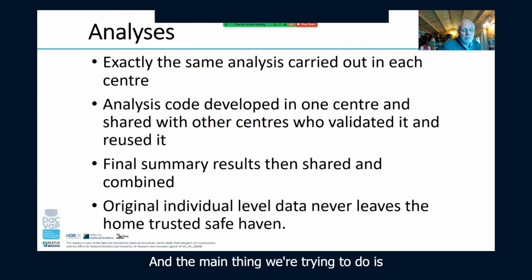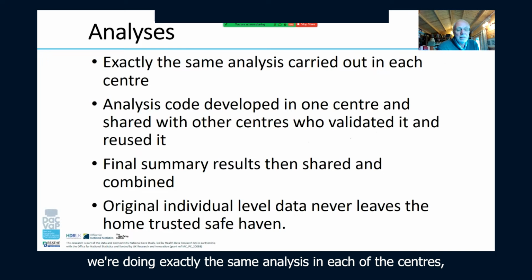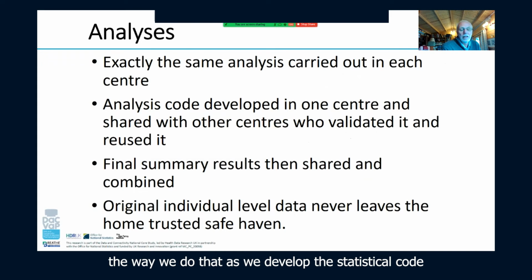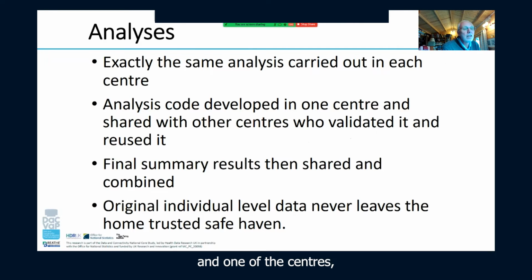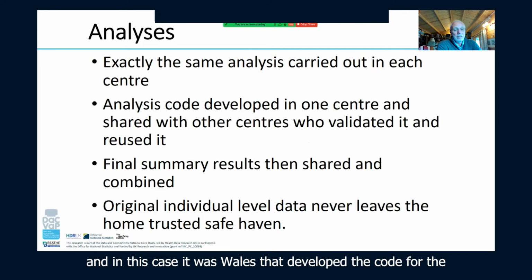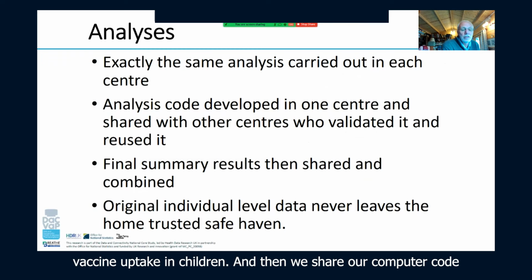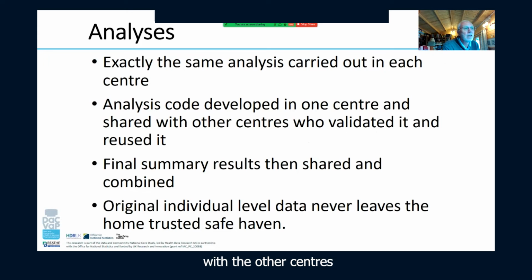And the main thing we're trying to do through our planning is exactly the same analysis in each of the centres. The way we do that is we develop the statistical code in one of the centres, and in this case, it was Wales that developed the code for the vaccine uptake in children, and then we share our computer code with the other centres who, by using it, validate it and reuse it.